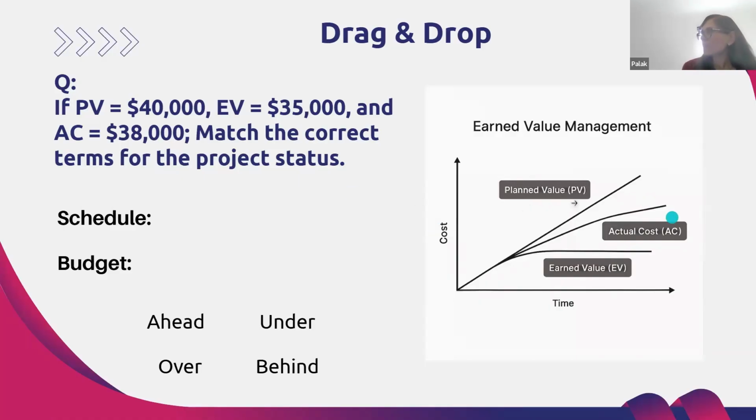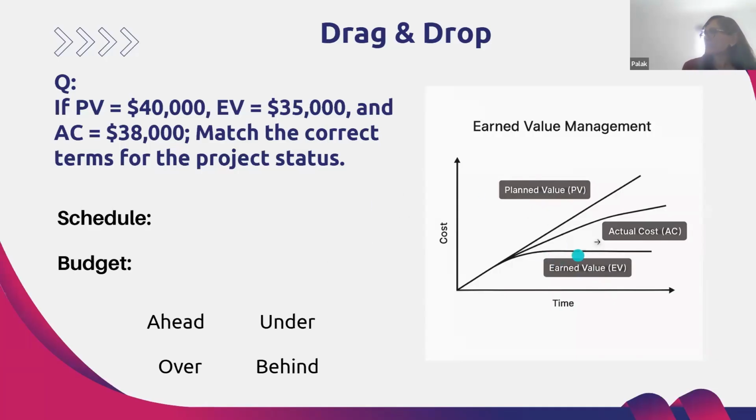So here, let's see. PV is for schedule, planned value, and it is higher than the earned value. So how much work is completed so far is actually lower than planned. That means the project is behind.